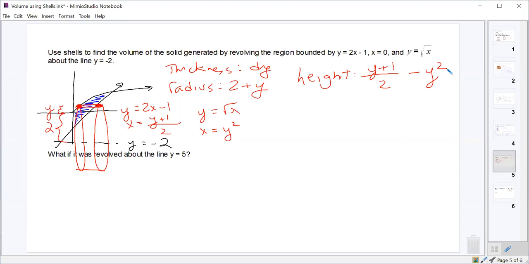All right. Okay, so we set up our integral. 2 pi times the integral of t. In terms of y, the lowest y value in this region is down here. What's that y value? We should know that's -1 because that line is 2x minus 1, so it has a y intercept of -1.